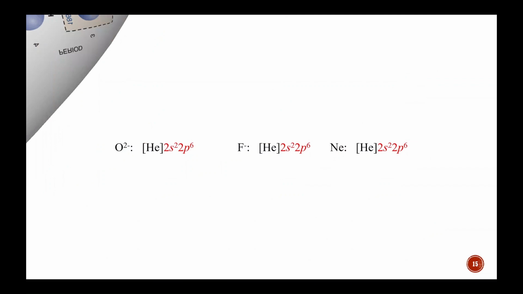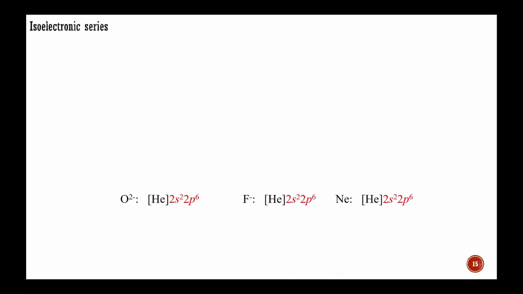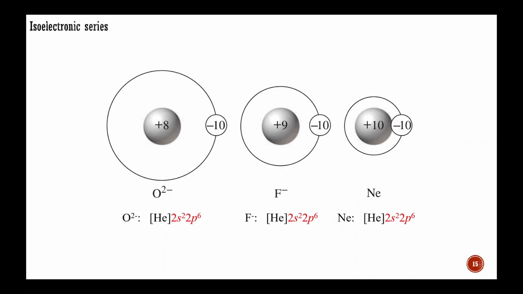In the end, if we look at the electron configurations of the oxygen dianion, fluoride ion, and neon, we see that they have the same electron configuration, forming an isoelectronic series. An isoelectronic series is a group of two or more species that have identical electron configurations, but different nuclear charges.